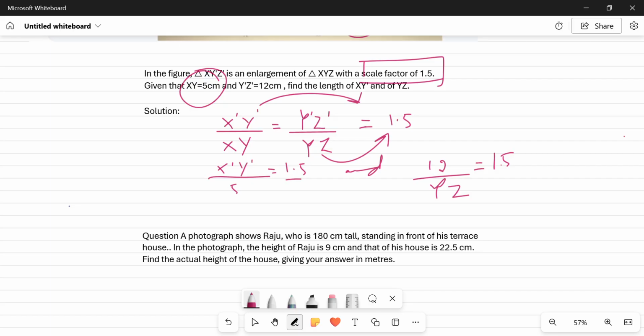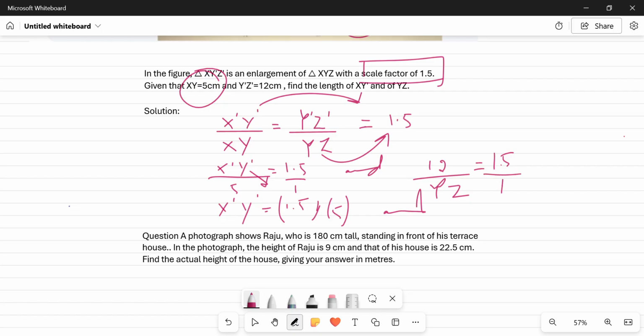Here, fractions equal fractions, so always cross multiply. X dash Y dash, and then 1.5 and 5, multiply them, and you will get the answer for X dash Y dash. And here, instead of multiplication, we need to divide.